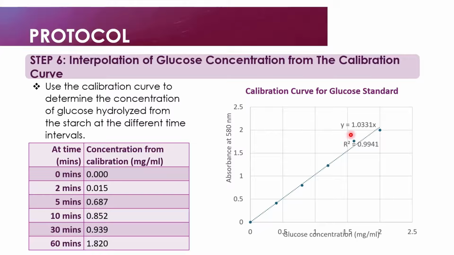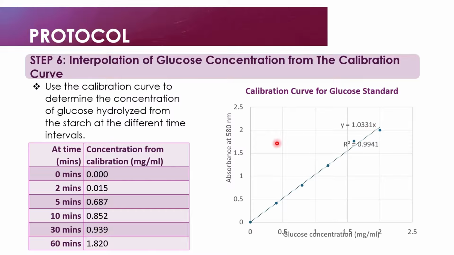What you can see over here is our calibration curve with the equation of the line giving us y equals 1.0331s, where y is the absorbance value obtained and s is the concentration of the glucose, and 1.0331 is the slope or gradient of the graph.